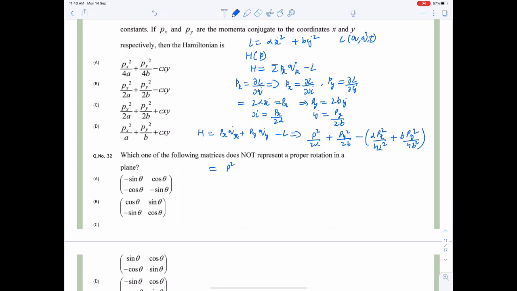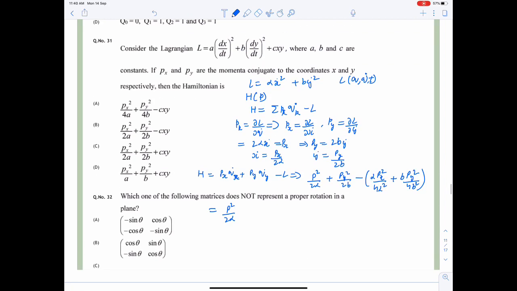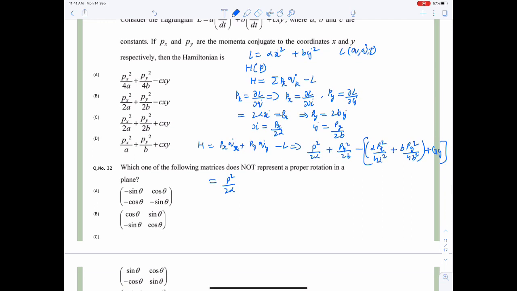It will become px square by 2 alpha plus py square upon 2b minus px square upon 4 alpha minus py square upon 4b, and this will become minus cxy.